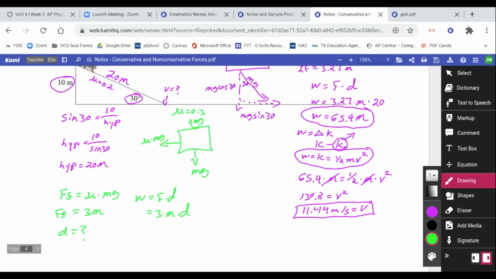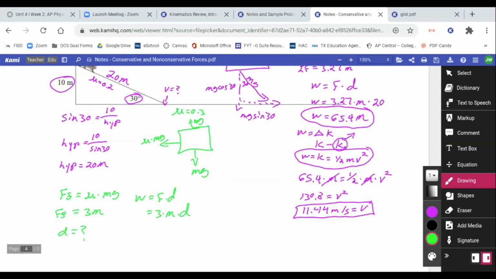Is that the same change of energy as going from 20 to 0? If we defined it and said it's 5,000 joules to move this car from 0 to 20, wouldn't it be 5,000 joules to go from 20 to 0? Because it's the same change of energy, 0 to 20, 20 to 0, right?